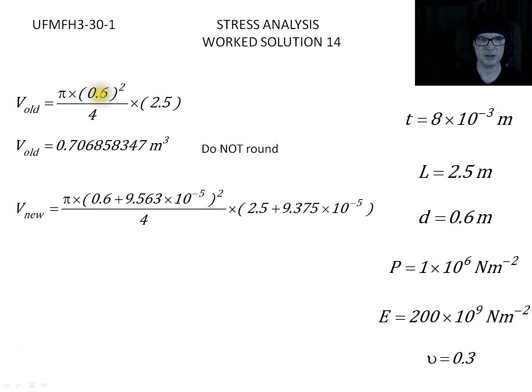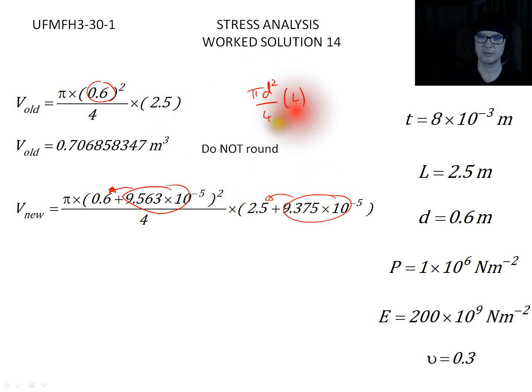The next stage is to take the extension in terms of the diameter and add it on to the actual diameter, and the extension in terms of length, add it onto the length, and repeat the formula. Pi d squared over 4 times L, so we're going from that to pi times (d plus delta d) squared times (L plus delta L) over 4.